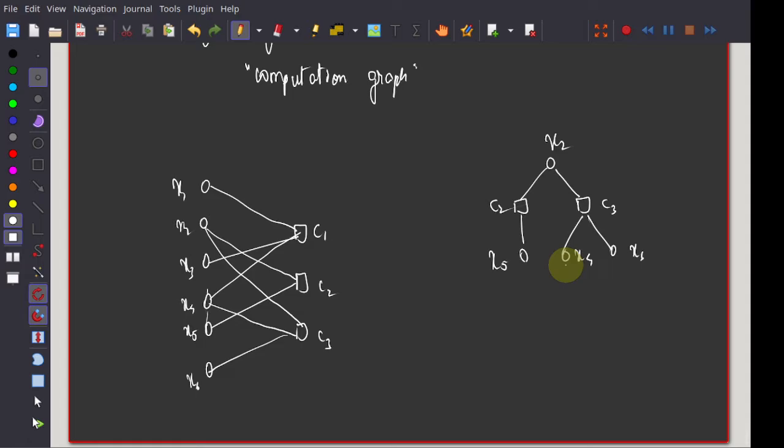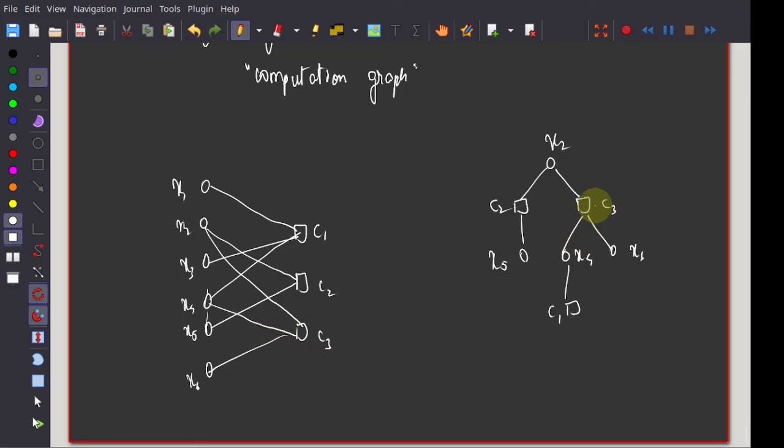Okay, so now let's look at x4. Where does x4 get its messages from? It gets it from C1 and C3. But I already have C3 here, so I don't want to repeat. Now what about x6? x6 is again connected only to C3.